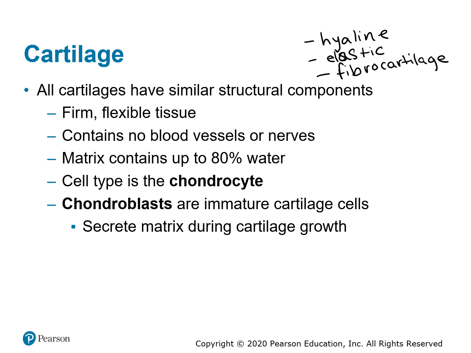The main cell type of cartilage is the chondrocyte. Chondrocytes are the mature cells. Chondroblasts are immature.